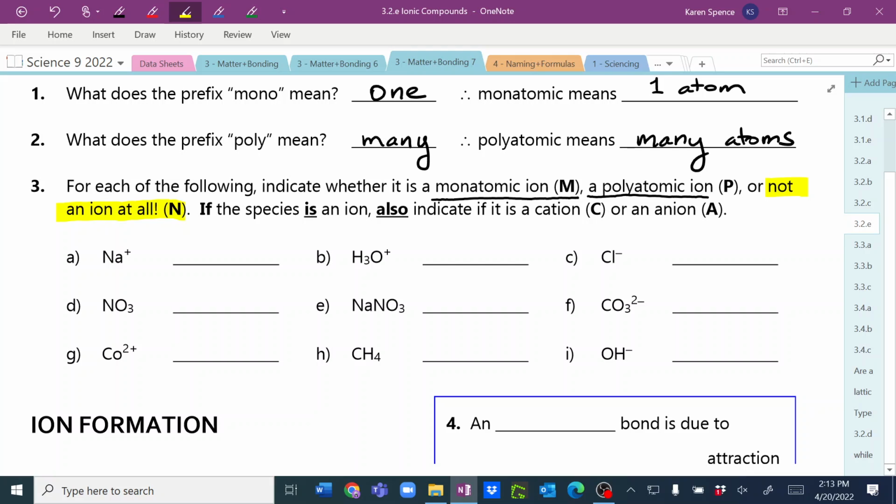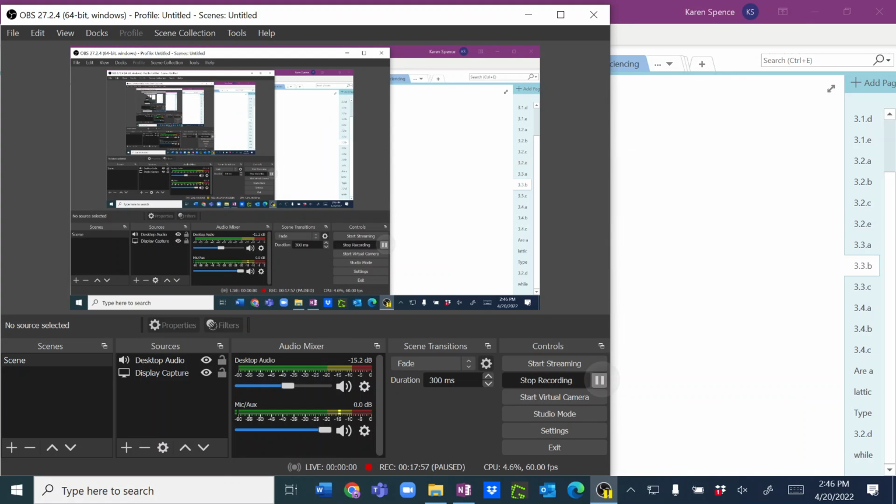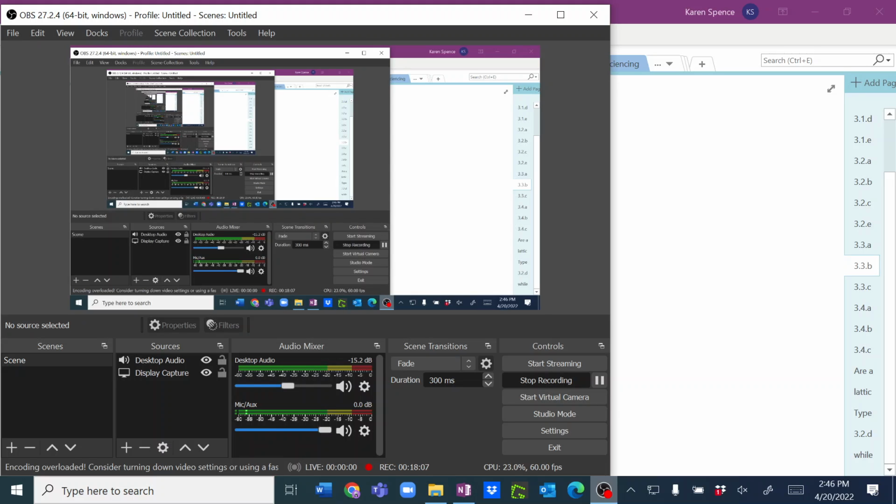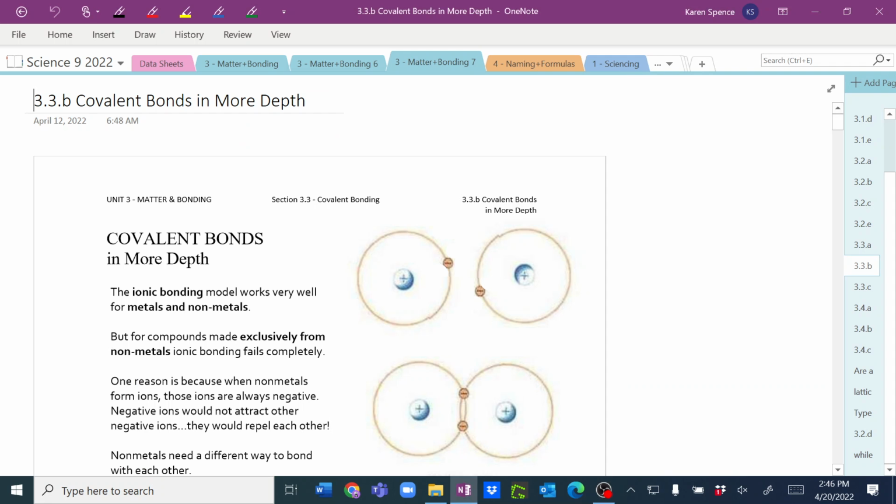So if it does not have a charge, it is not an ion at all. So you're going to do that, and then after you've done that, you're going to indicate if it is an ion, whether it is a cation or an anion. So take a few minutes and try that, okay? Here we go. Okay.